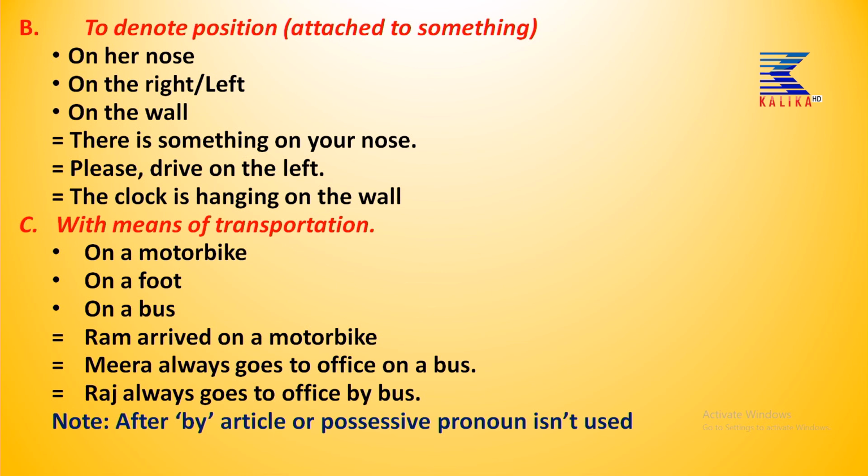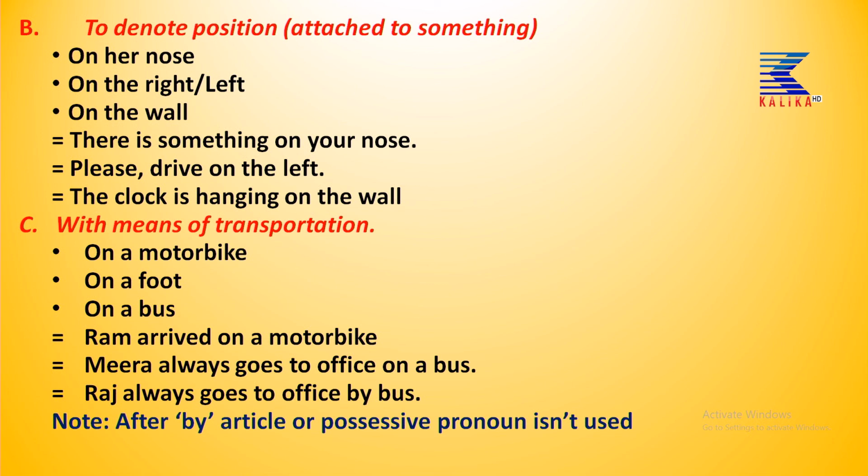Raj always goes to office by bus. And one important thing, children, after by, we don't use article or possessive pronoun. So that is why Raj always goes to office by bus only.